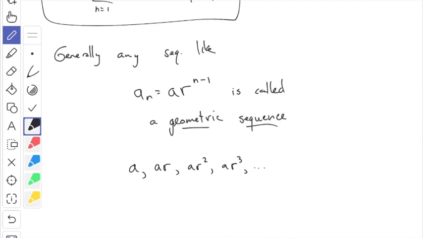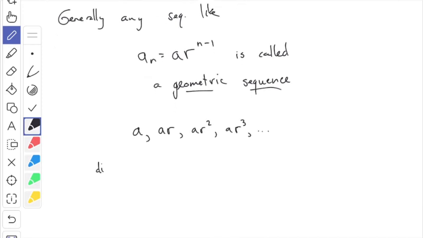One thing you will notice about such a sequence is that if you divide any term by the previous term, you always get the same answer. In this case, what do you get?